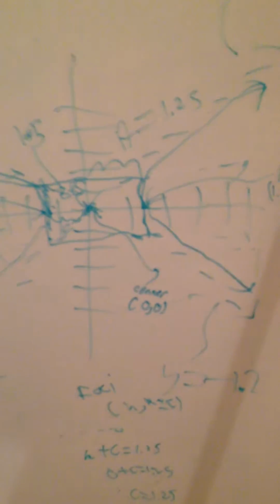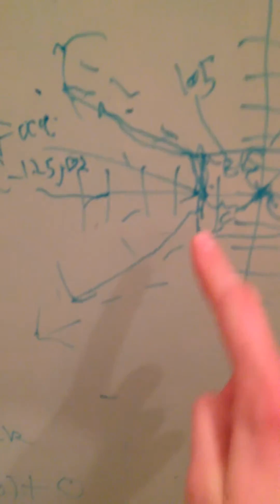And then you see here, there's also a c value. The distance from here to here is the c value.